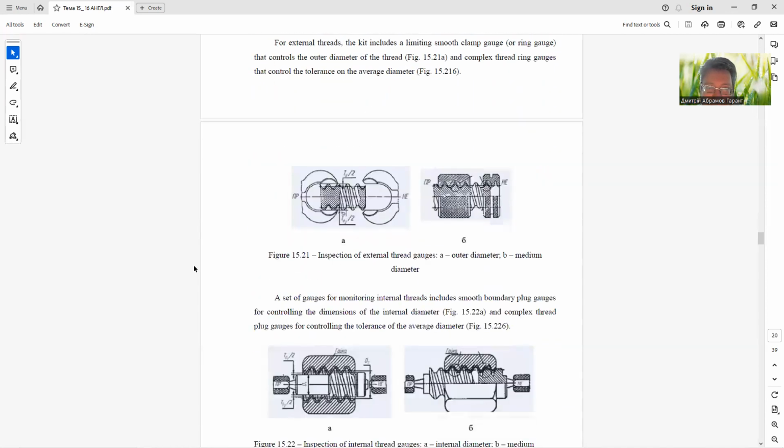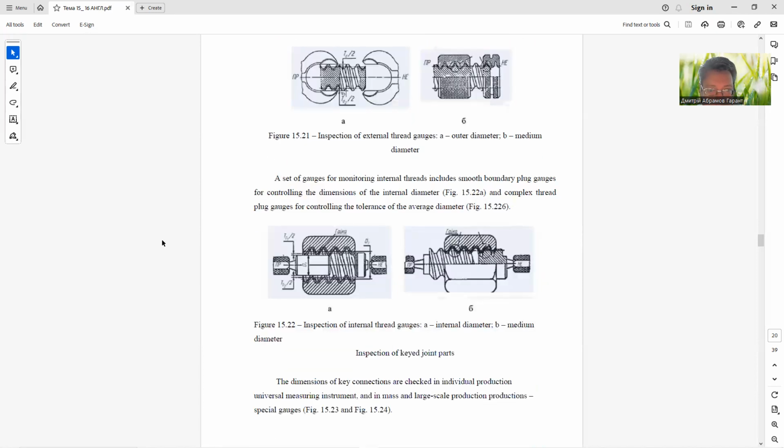For external threads, the kit includes a limiting smooth snap gauge or ring gauge that controls the outer diameter of the thread, like in figure 15.21a, and complex thread ring gauges that control the tolerance of the average diameter, like in figure 15.21b.